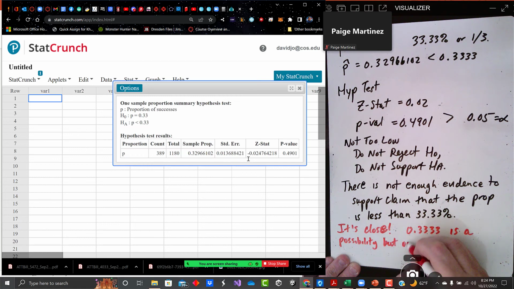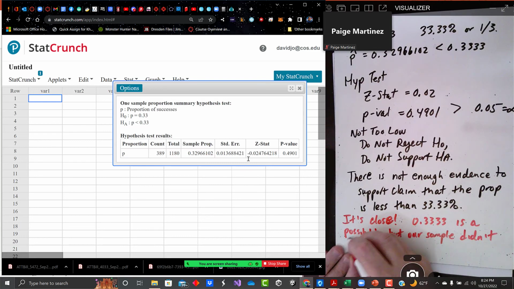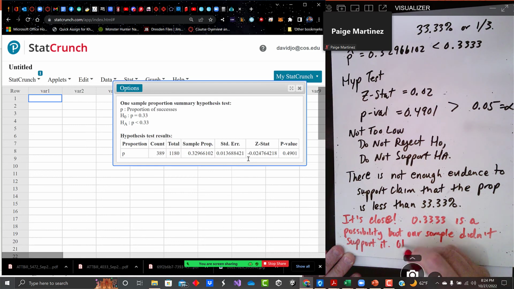But our sample didn't support it. Other samples might. That's why we don't reject.